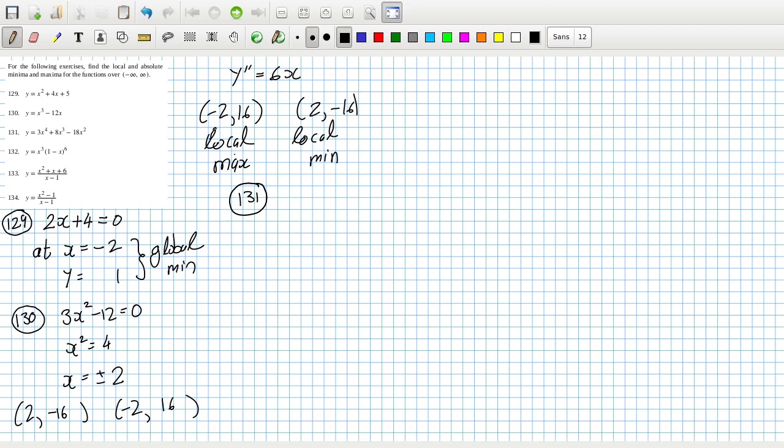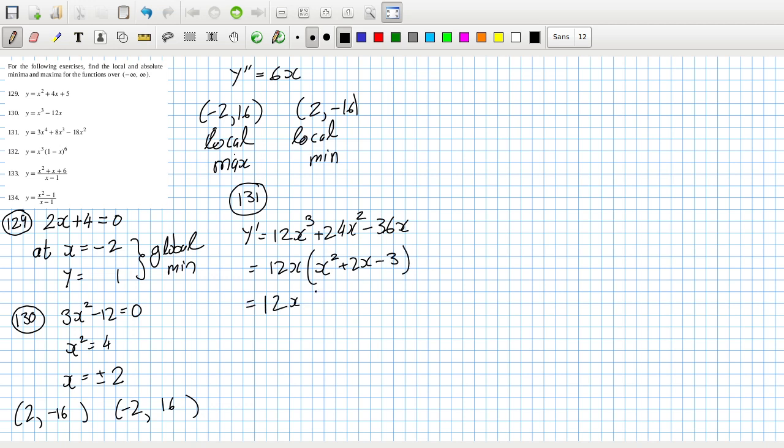131. Ooh, now, no local max could be a global. Let's have a look here. The global min. The first derivative is 12x cubed plus 24x squared minus 36x, which is 12x times x squared plus 2x minus 3.